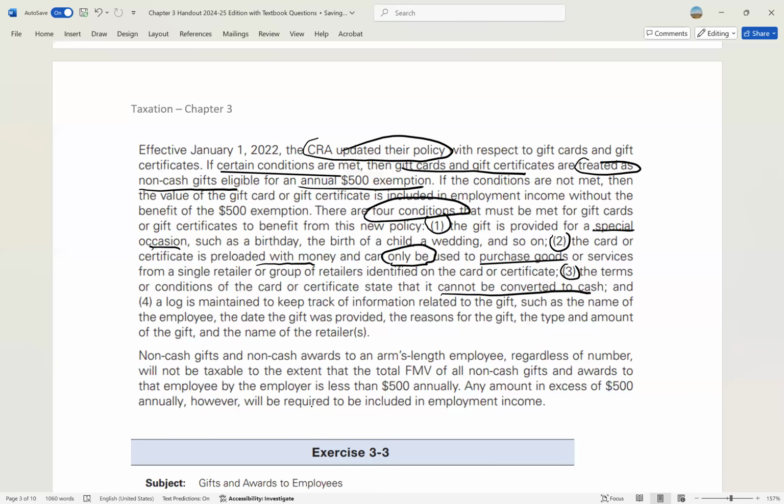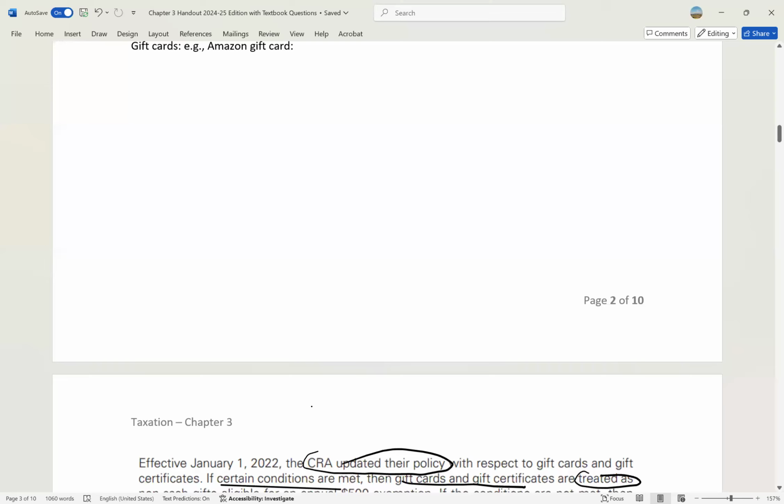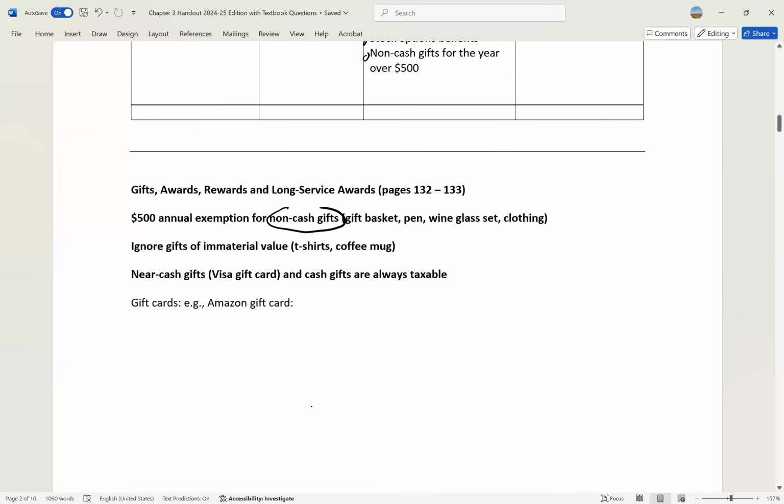They specifically say that the gift card cannot be converted into cash, and the employer must maintain a log to track all the gifts that they give to all their employees, the date, the reasons, the amount, and so forth. So if those 4 conditions are met, then the gift card can be treated as non-cash and can be included in that $500 exemption.